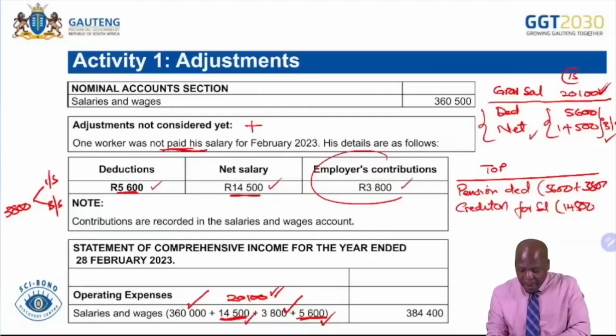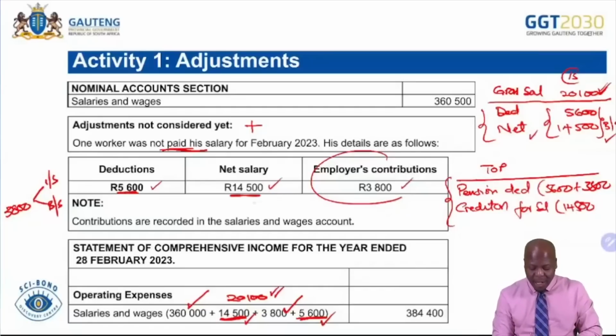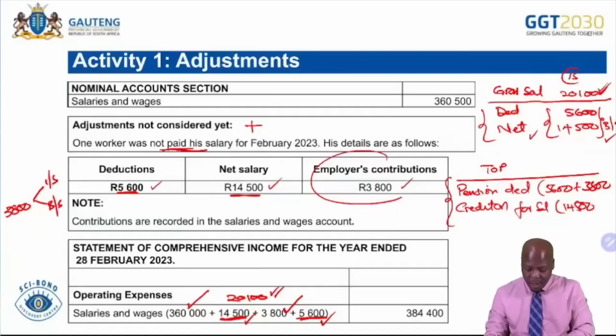So I'll still come and say plus 3.8. But remember, this is me just trying to stretch the question, just in case we get such an adjustment somewhere else. In the event that you are given such an adjustment, your deductions and your net form gross, and your gross comes into the income statement, and the deduction comes into your trade and other payables, and the creditors for salaries, trade and other payables.